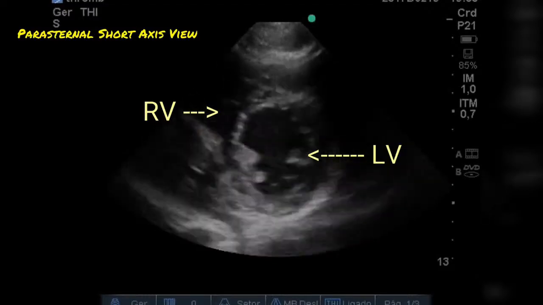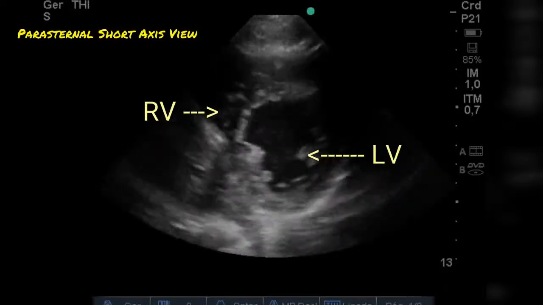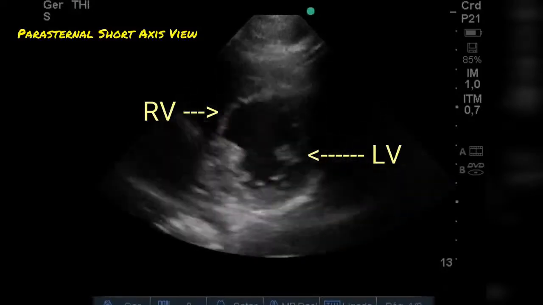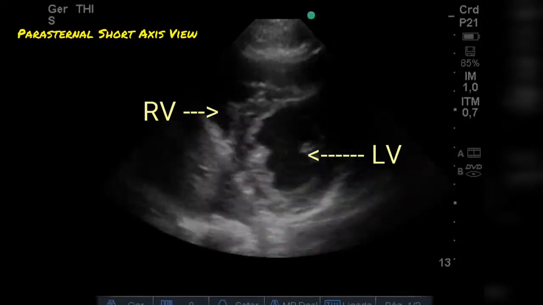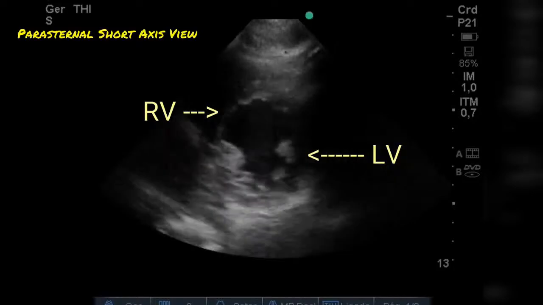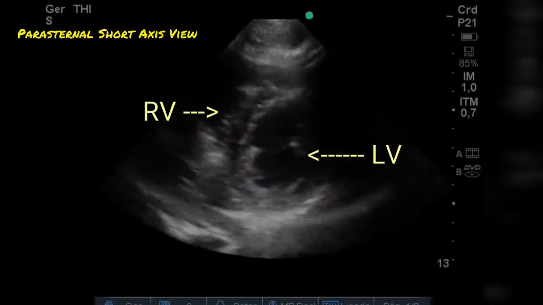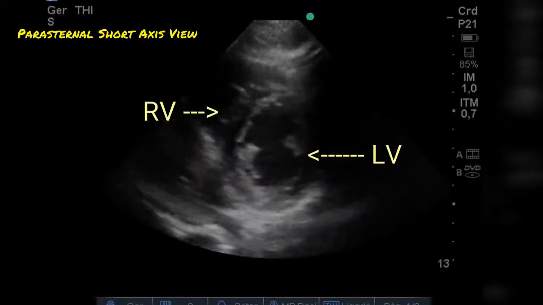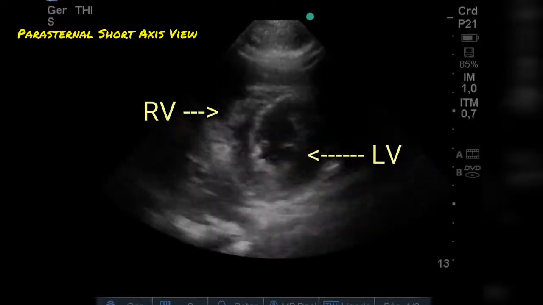This view is very important to assess the overall contractility of the left ventricle and also the right ventricular strain pattern. Here we can see a good amount of contractility of the left ventricle, and a good amount of squeezing of the endocardial walls during systole.